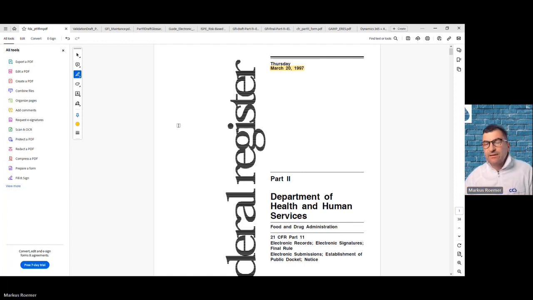And there was a commenting phase, like for any regulation, for any guidance for industry document.